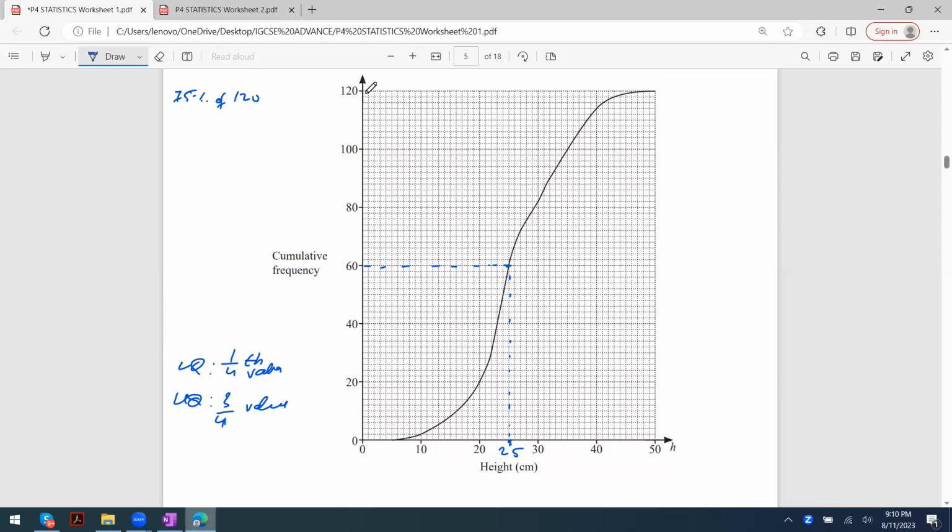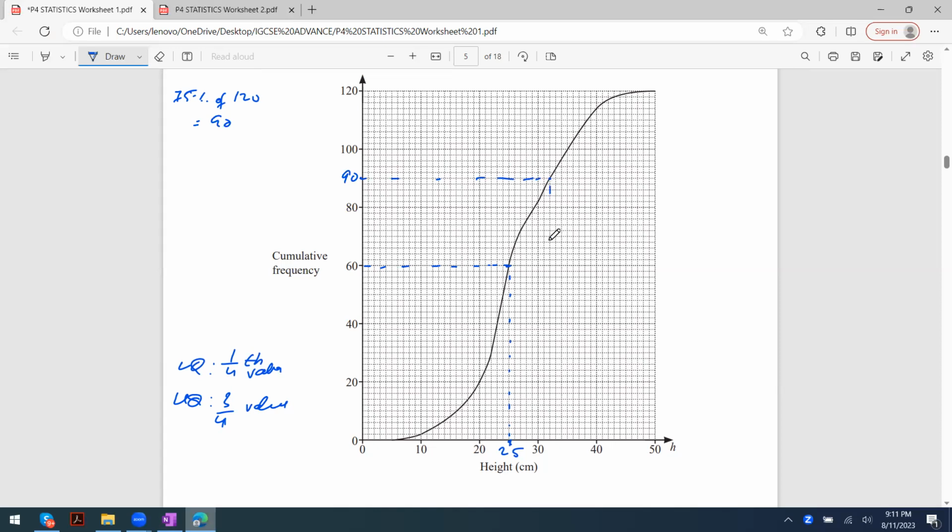There are a total of 10 boxes, 20, so one box represents 2 units. 90 is in the middle, so we don't even need to do calculation. Read this value. This will be the upper quartile.